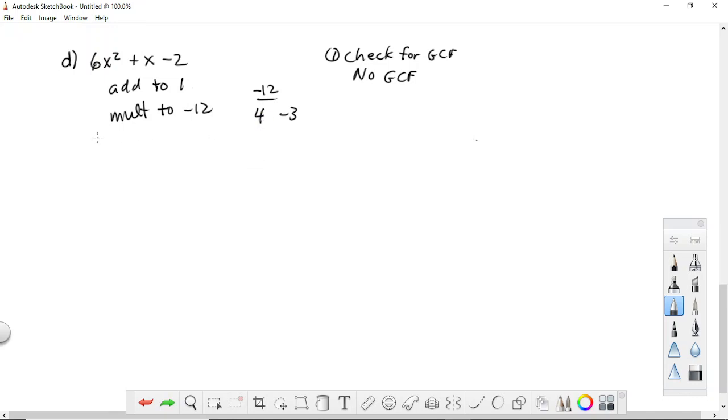We're now going to split this middle. So we get 6x squared plus 4x minus 3x, using that and that, right? Minus 2. And that's it. And we take a look at it, and yes, it does equal that. We've just replaced the x with 4x minus 3x.